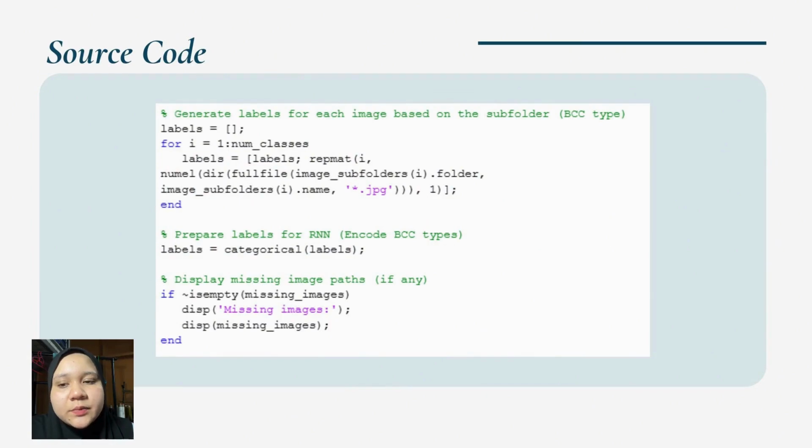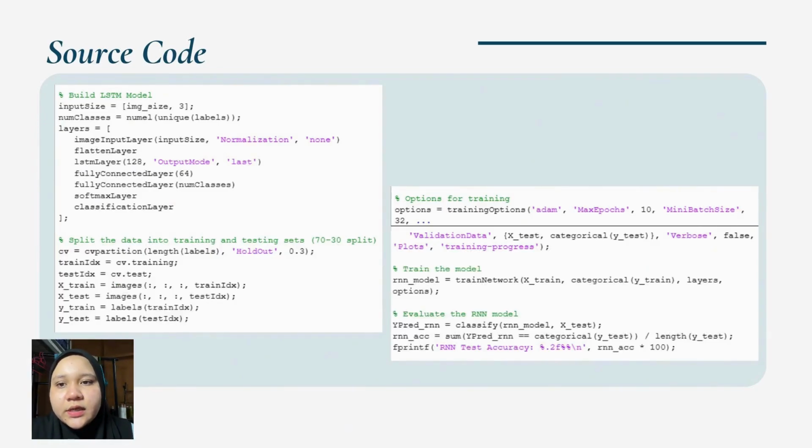Next, the labels are converted into categorical format because neural networks require categorical data for classification tasks. Next, we will build the LSTM, which is the RNN model. First, we will define the LSTM model, which includes the model architecture: input layer, LSTM layer, fully connected layers, softmax layer, and classification layer.